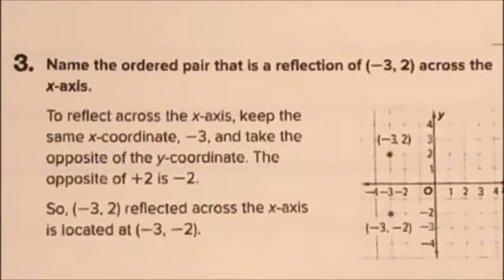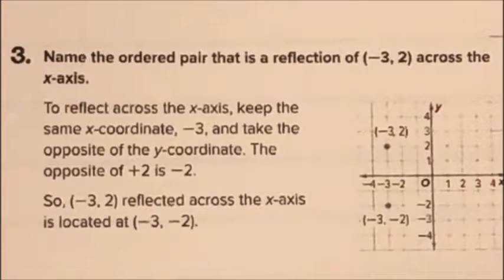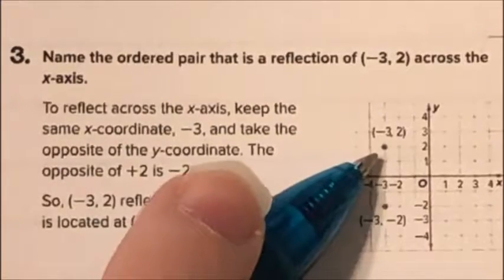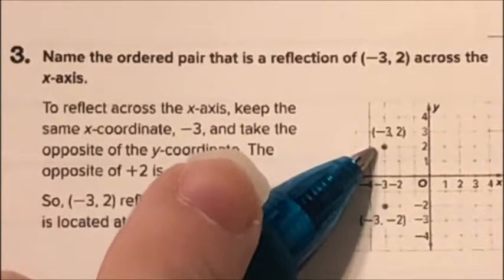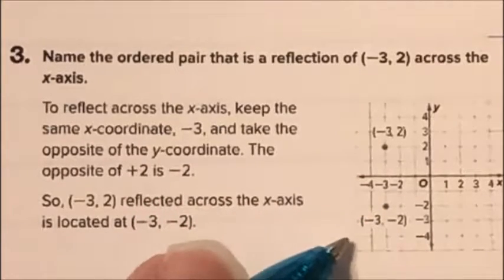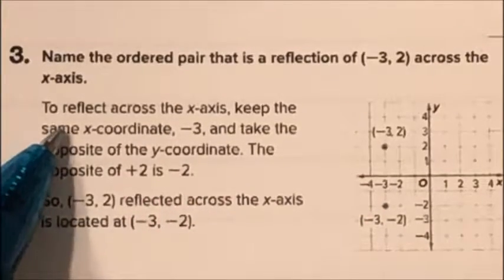So example 3 says name the ordered pair that is a reflection of (-3, 2) across the x-axis. So this is where I start, (-3, 2), and this is my x-axis, so I'm reflecting across, so I get (-3, -2).